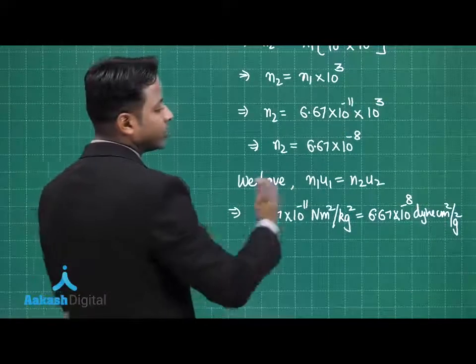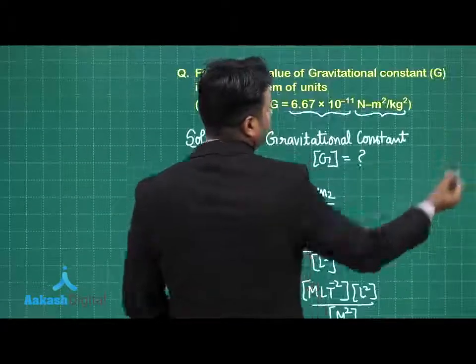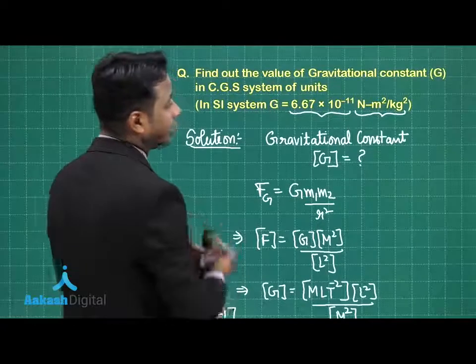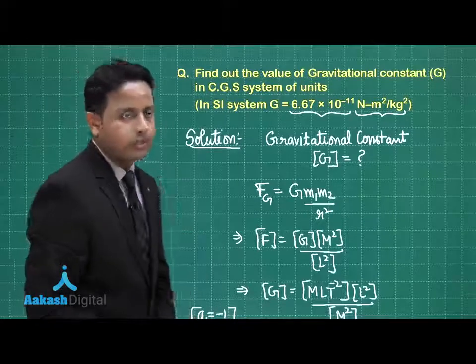I hope the unit conversion is very clear to you. So that's how these kinds of dimensional analysis are applied in this question. So that's all in the question. Let's move to the next question.